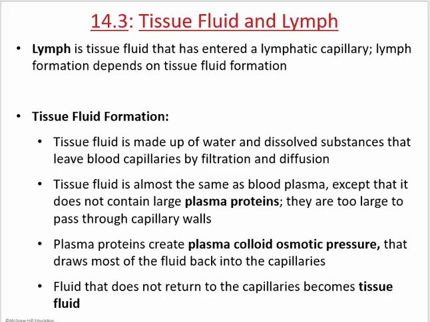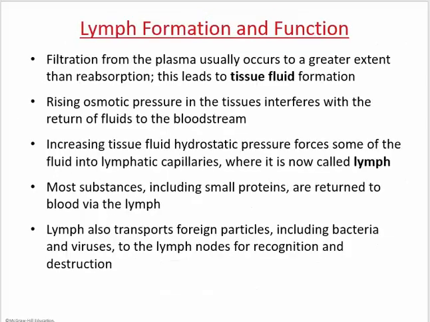So any fluid that leaves the blood capillaries becomes the tissue fluid, the interstitial fluid, that is not taken back into the bloodstream, ends up in the lymphatics. Now this is very useful because along with that fluid comes any cellular debris.